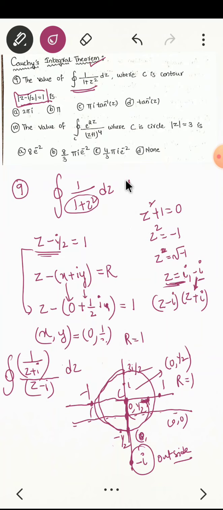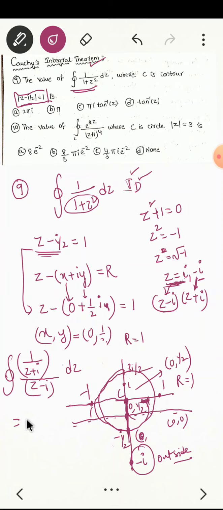I was telling you, the ID card: the inside value is always down. The inside value is which? z equal to i is inside. That's why I have kept that value down. Then this value I have kept up in the numerator. Then this is f of z by z minus a dz.